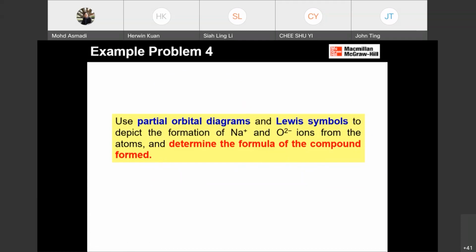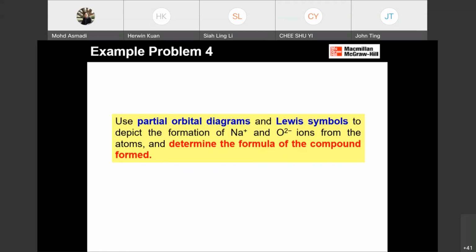Use partial orbital diagram and Lewis symbol to depict the formation of sodium and oxygen ions from the atoms and determine the formula of the compound formed. Do you still remember orbital diagram? Can you do it, and please paste in the Jamboard. Let me give you the link. Can you do? Take one paper.